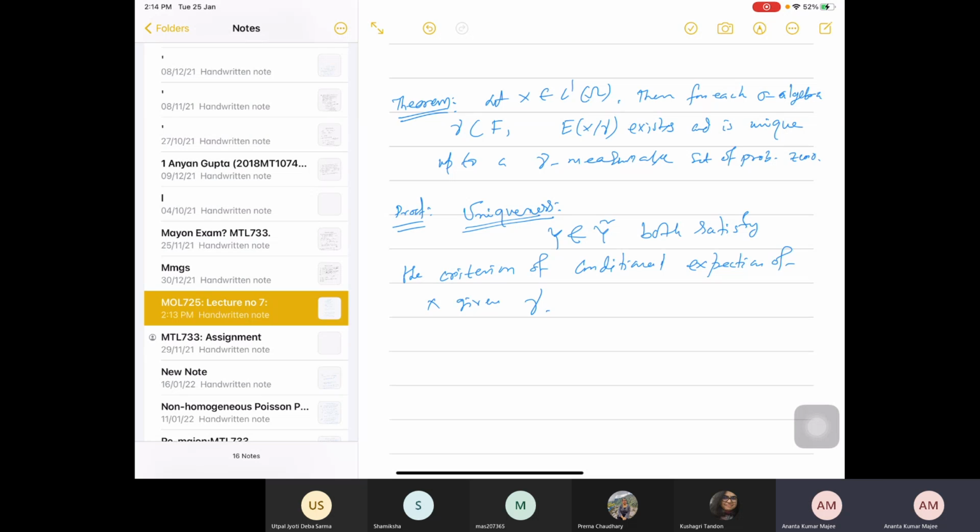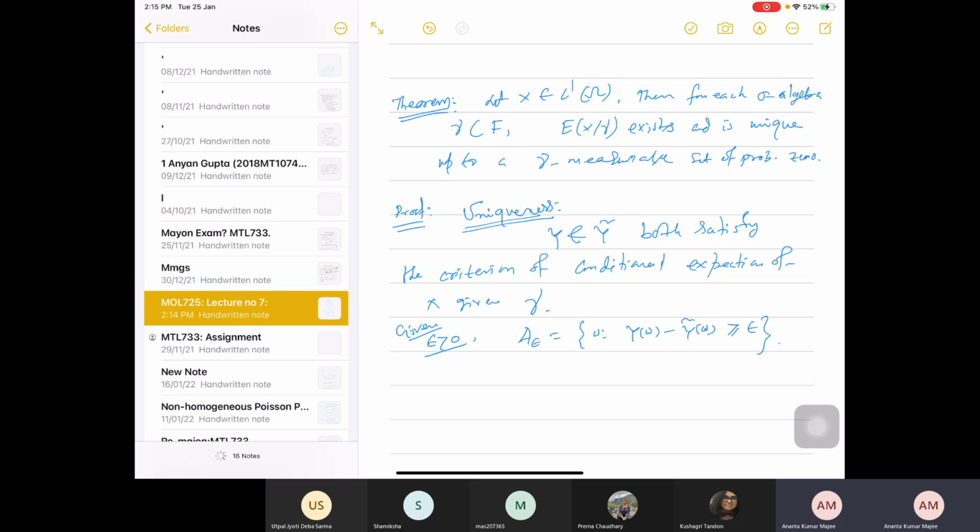Given epsilon positive, I consider the set A epsilon, which is all those omega where y of omega minus y tilde of omega is greater than or equal to epsilon. Our aim is to show that the probability of A epsilon is equal to 0.